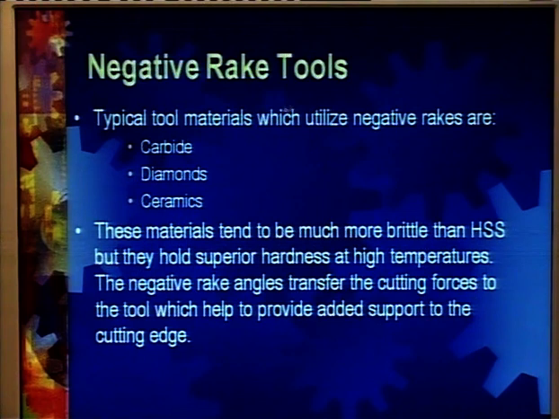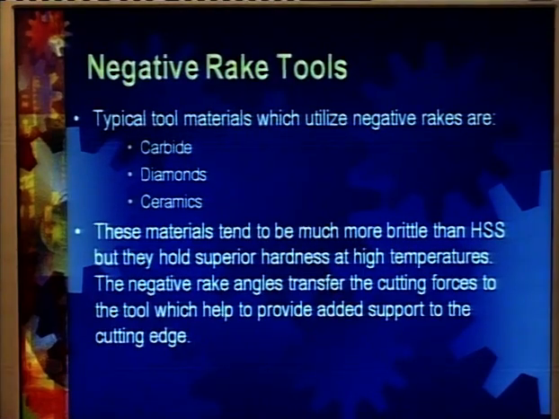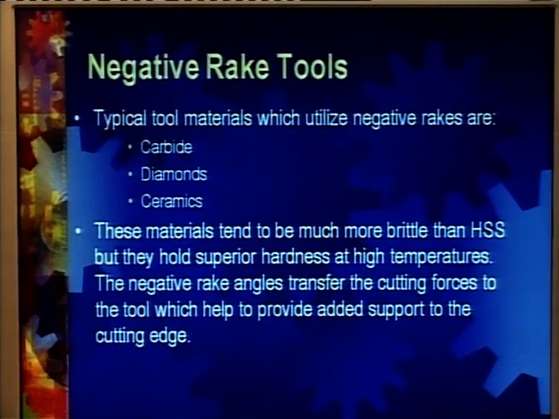Typically, tool materials which utilize a negative rake angle are carbide tip tools, diamonds, and ceramics. All these three categories of tools are very fragile; although they are very strong in terms of compressive strength, they are not in a position to withstand intermittent loads, or in other words their toughness is not up to the mark.